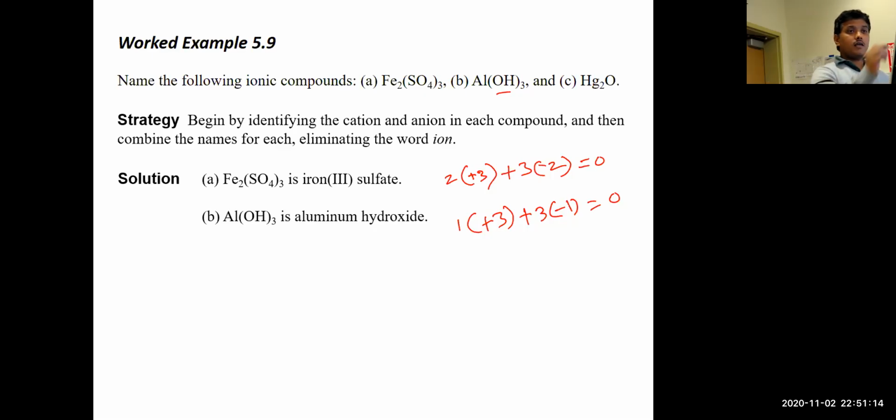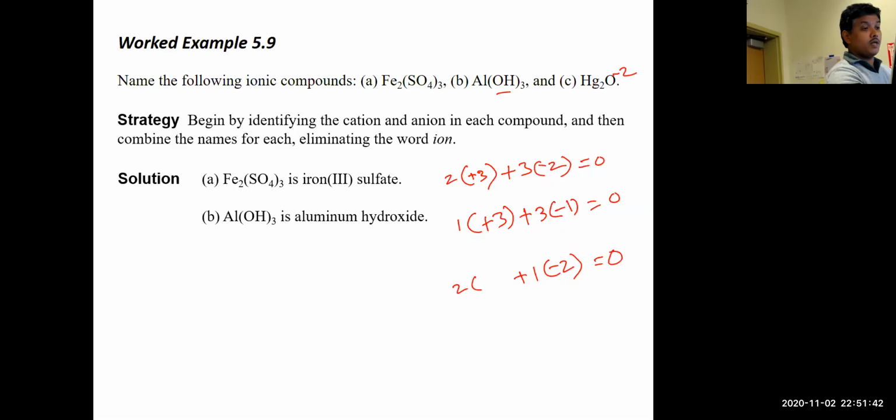And what is the name of Hg2O? Hg is mercury. Mercury is not from group 1, 2, 3, which means you need to include its charge in Roman numerals. How do we identify it? We can rely on oxygen with its -2 charge. There is 1 oxygen, and you are aiming for an overall neutral charge.